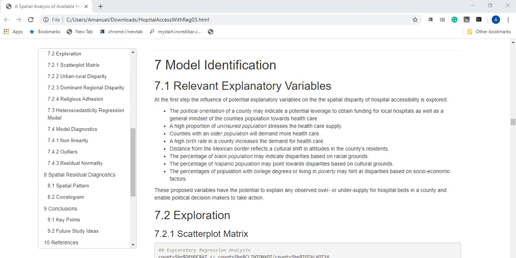Model identification, relevant explanatory variables. At the first step, the influence of potential explanatory variables on the spatial disparity of hospital accessibility is explored. The political orientation of the county may indicate a potential leverage to obtain funding for local hospitals, as well as the general mindset of the county's population towards healthcare. A high proportion of uninsured population stresses the healthcare supply, and counties with an older population will demand more healthcare.